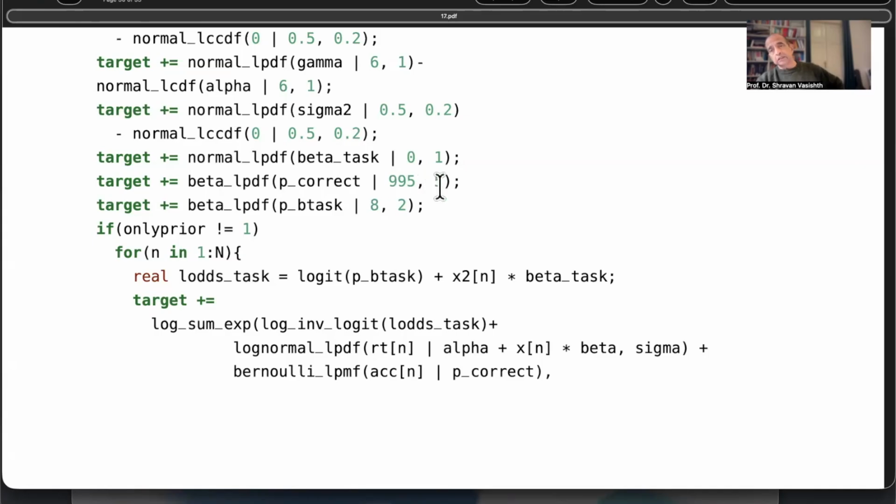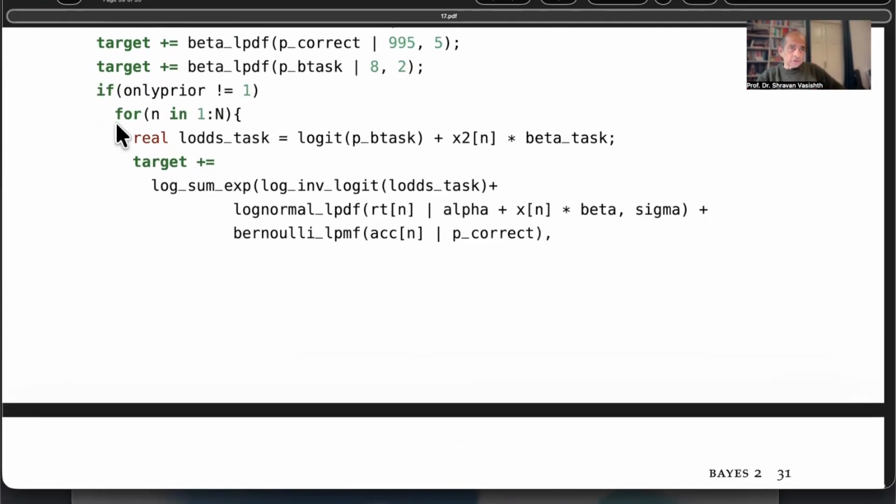The prior assumes that the probability mass a priori is shifted to the right towards 1. And then the probability of average task engagement, right? So the alpha task parameter, that we will derive from this, is assumed to come from a beta 8-2 distribution. So the assumption is that on average people are pretty engaged with the task, okay?